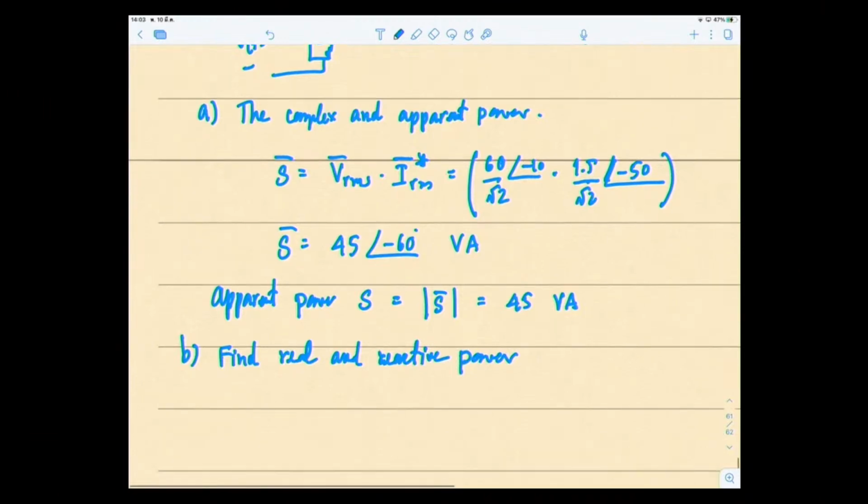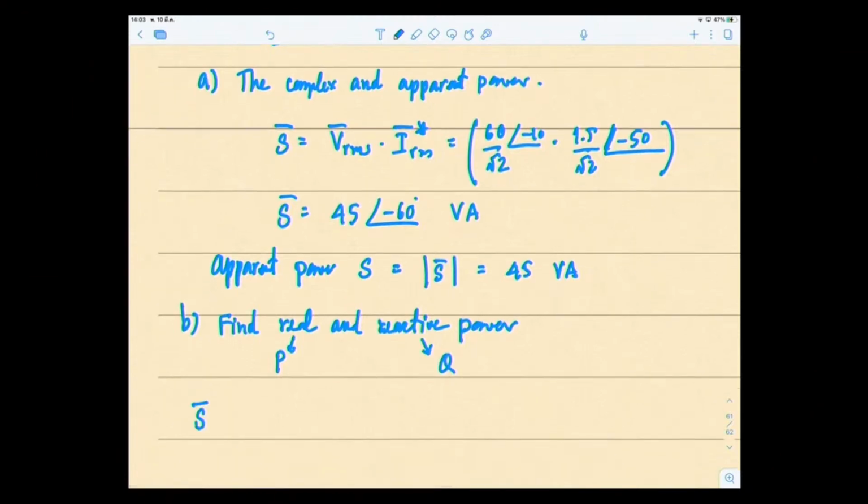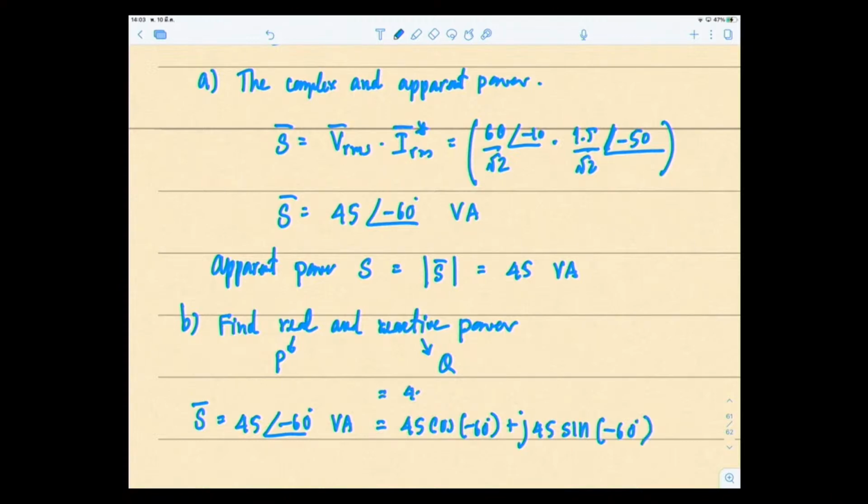You have to know that real is P, and reactive power is Q. So from the complex power formula, 45 angle minus 60 degrees, it can be written as 45 cosine minus 60 plus j 45 sine minus 60 degrees.